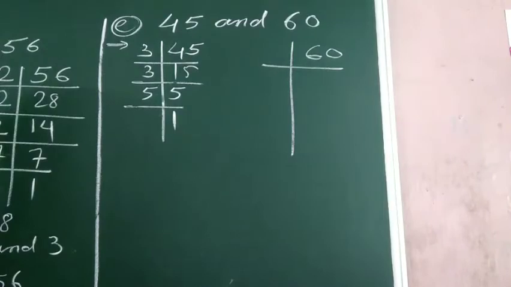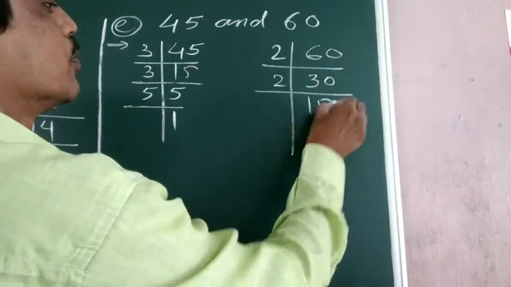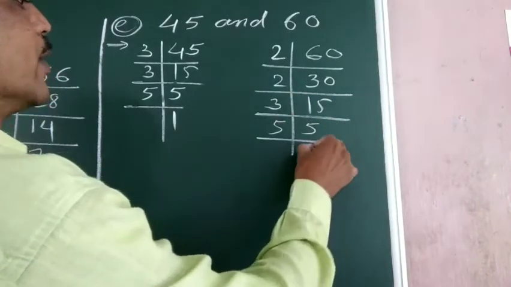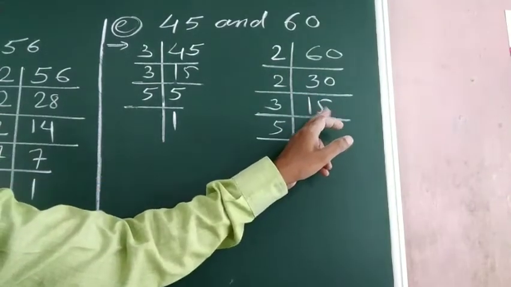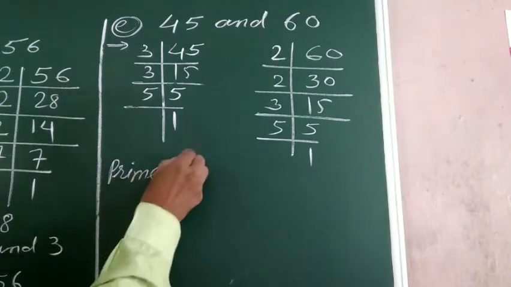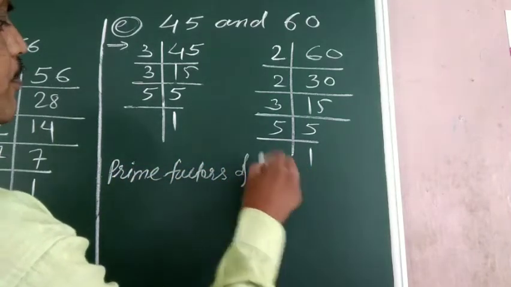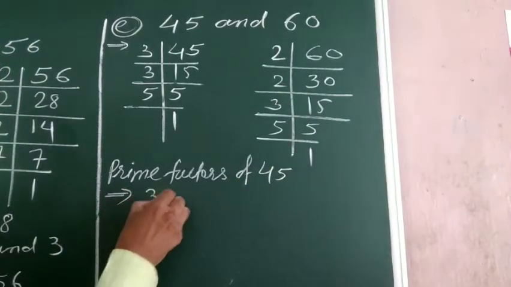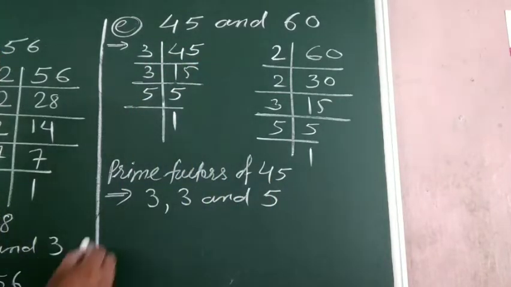Then divide 60 by 2: 2 30, 2 15. Then it will be 3 5s, 5 and 1. Now, the prime factors of 45 are 3, 3 and 5.